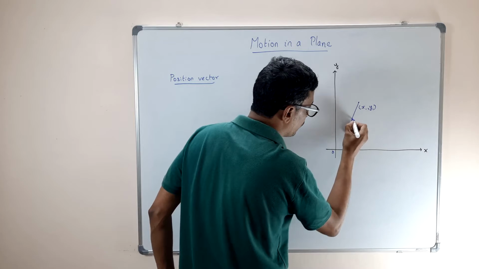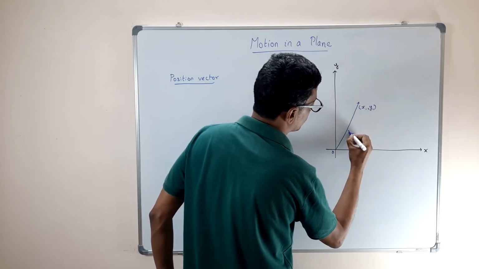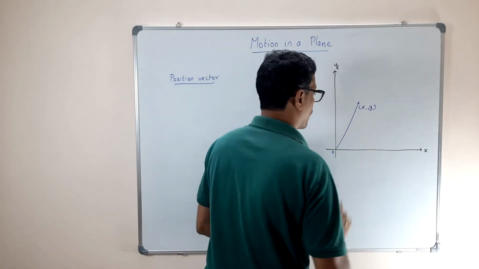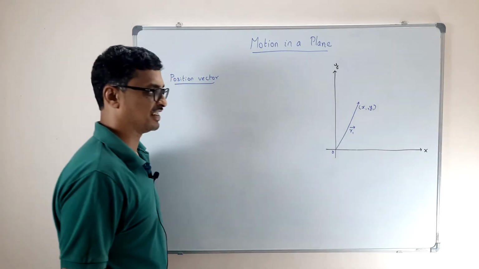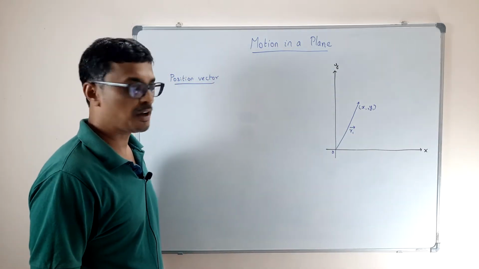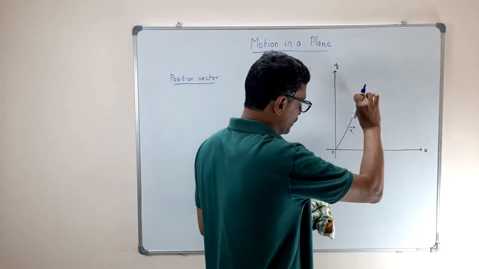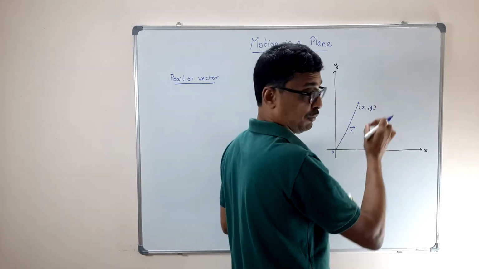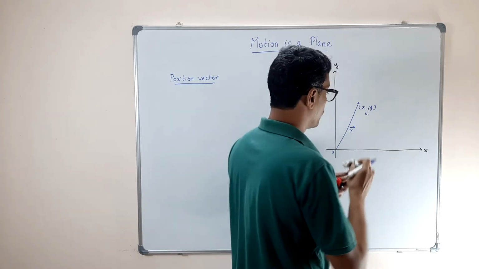So you join this point, and this vector we call R1. What is that? R1 is the position vector. This is a vector. Now say there is a body sitting at a certain position. So this is x1. After a certain time, during a time t1, it is sitting here. Let me write it bigger.